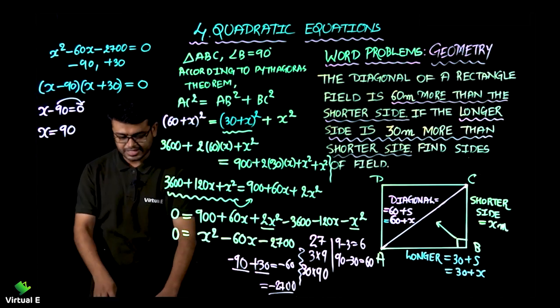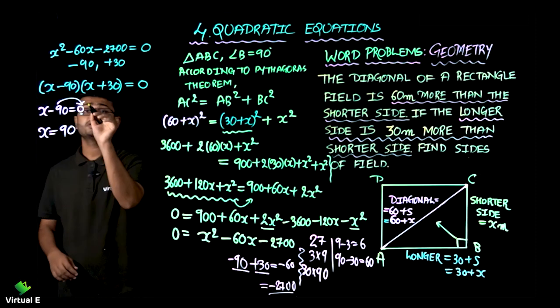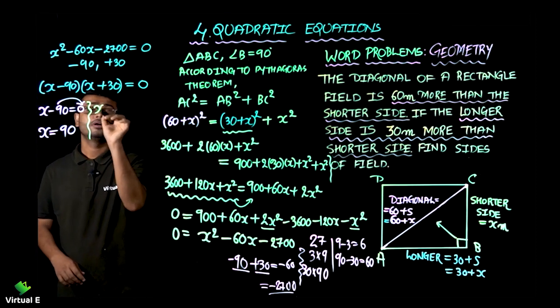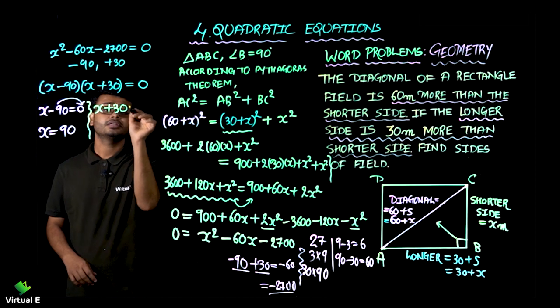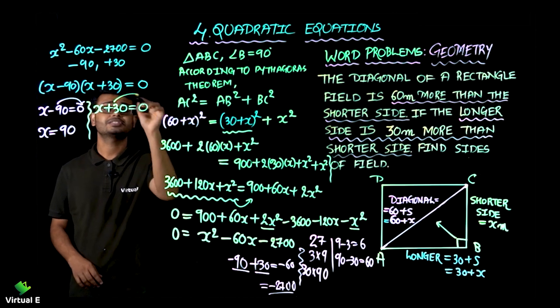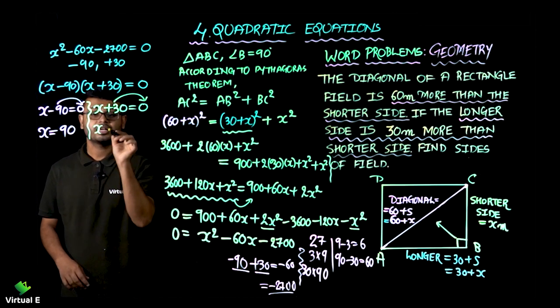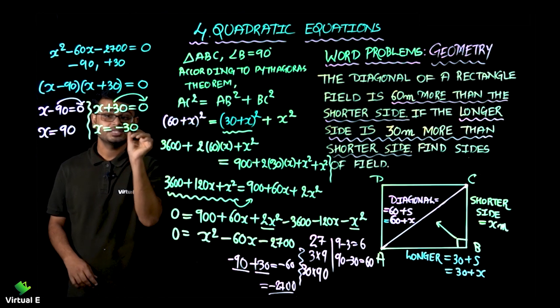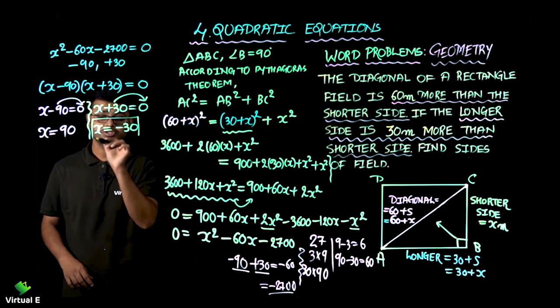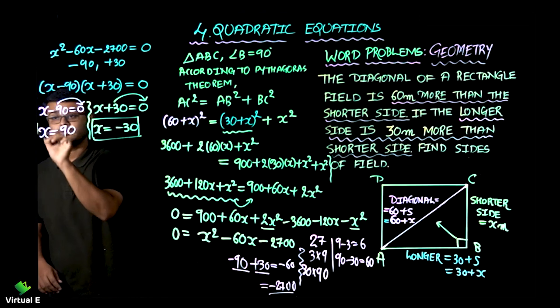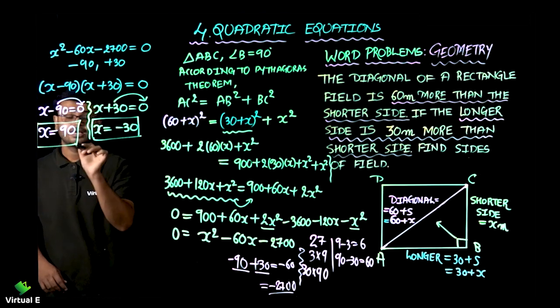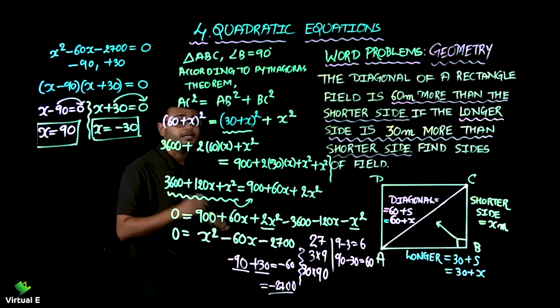Let's get the second one, x plus 30 is equal to 0. Let's shift, so it will become x is equal to minus 30. So there are two solutions, x is equal to minus 30 and x is equal to 90.